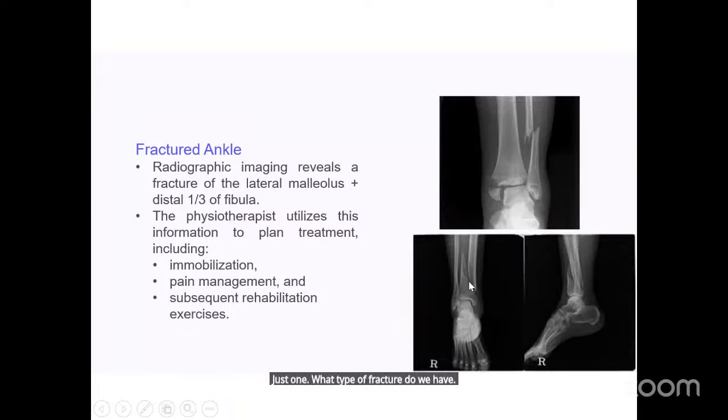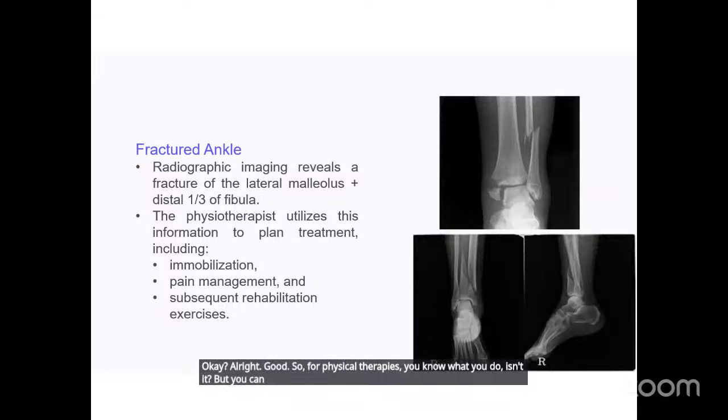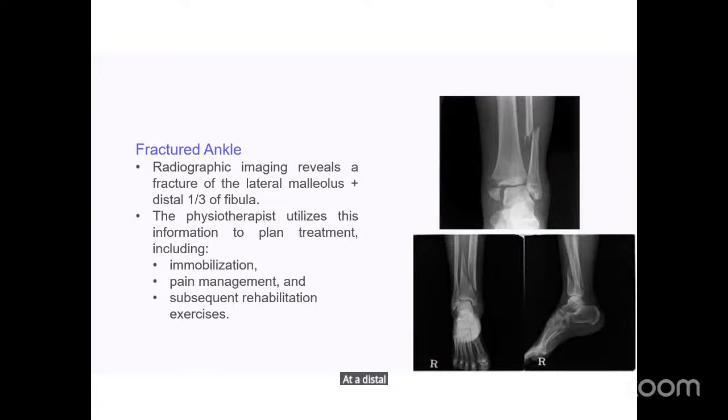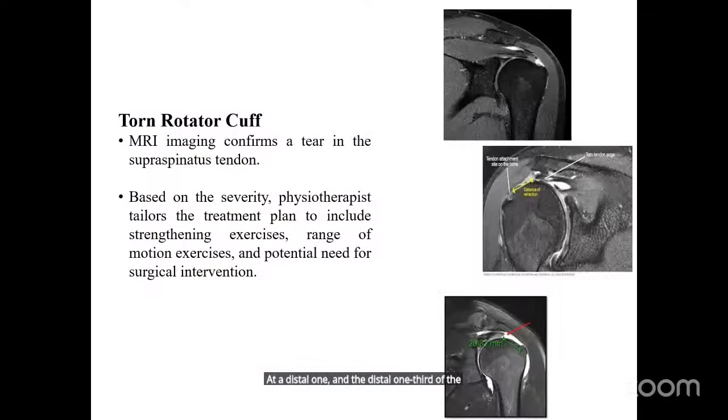Oblique. Oblique fracture. I agree with you. Okay. All right. Good. So for physiotherapists, you know what you do, isn't it? You can see the graphic reveals fracture of the lateral malleolus at the distal one third of the fibula. Are we together?